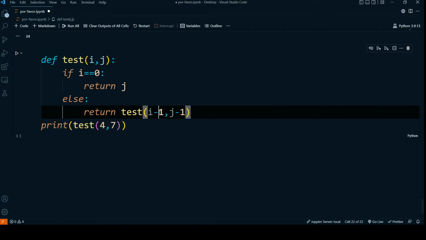It is calculation. And what is happening, we are calling this function again and again using this else condition, which returns test of i minus 1 as well as j minus 1.